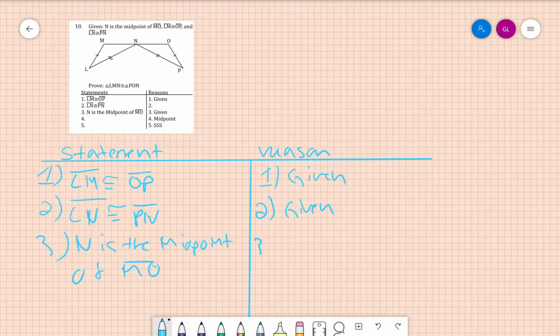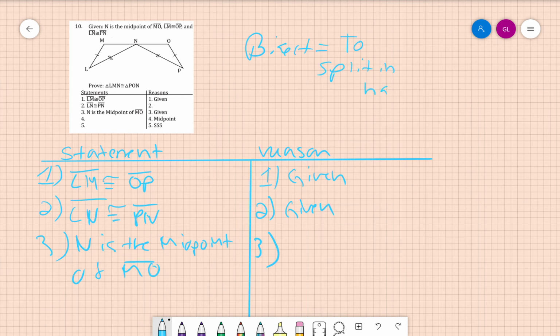So with that being the case, if N is the midpoint of MO, it also means that N is bisecting MO. And we talked about the word bisect. It means to split in half.